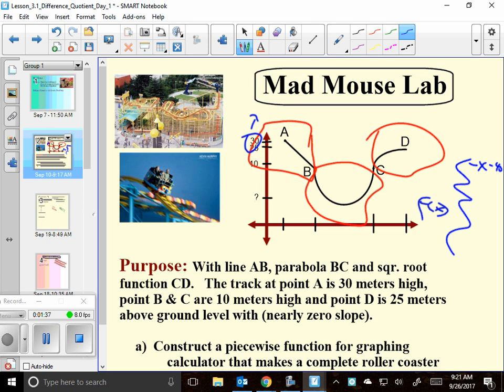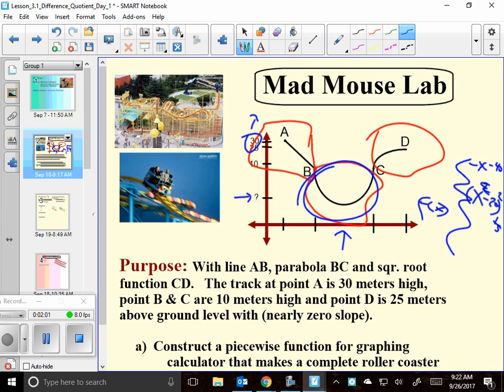And then this part right here, that's a parabola, except it's been moved to the right and up. So let's say I go like minus, how far to the right do I want to move? I don't know, let's say that's like 20. And then up a little bit, plus, what's this number? I don't know, let's say 5. There, I'm writing a piecewise function that's going to build a roller coaster. You get the idea?